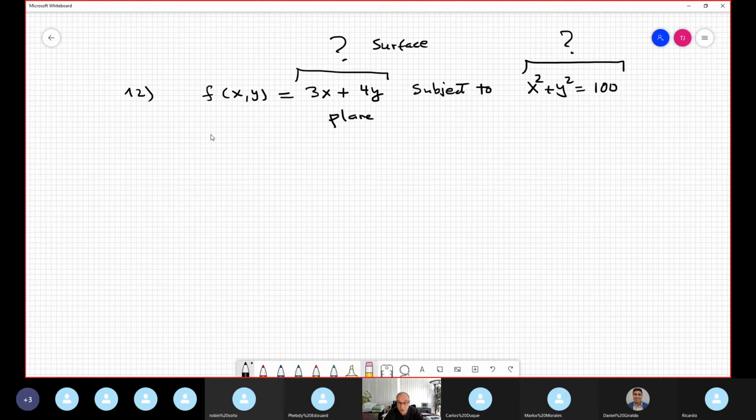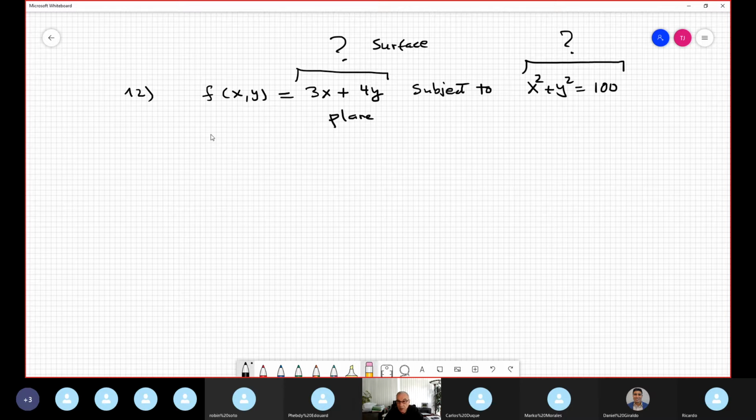It's not a plane because it's squared. Nobody knows? x squared plus y squared equal 100.